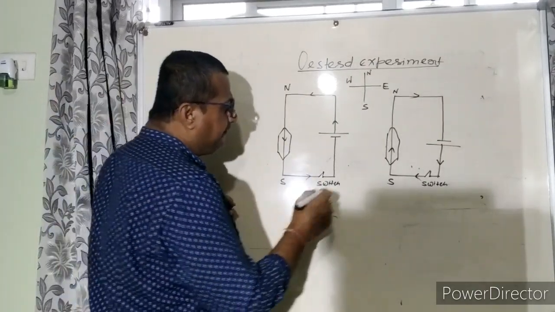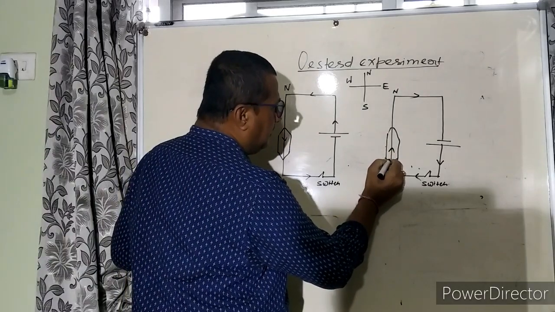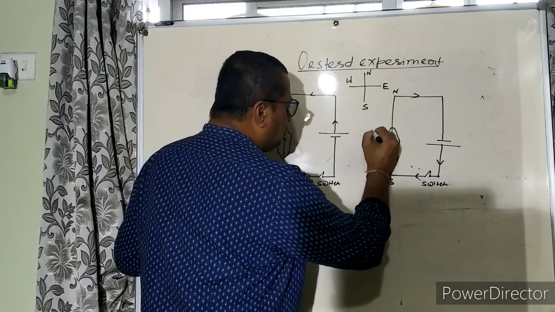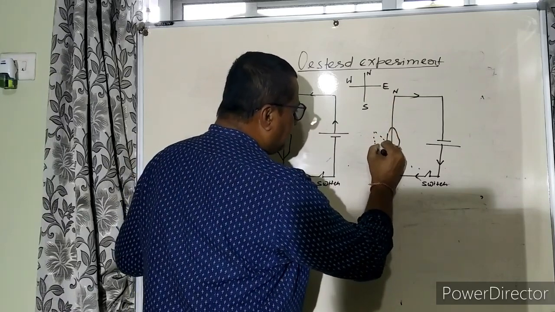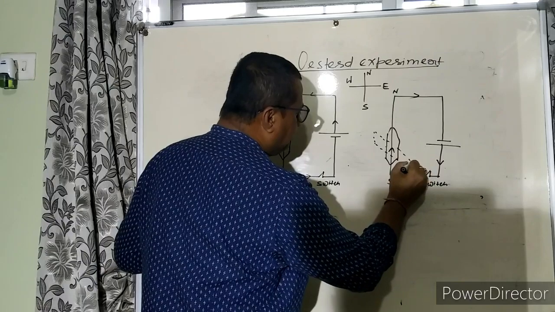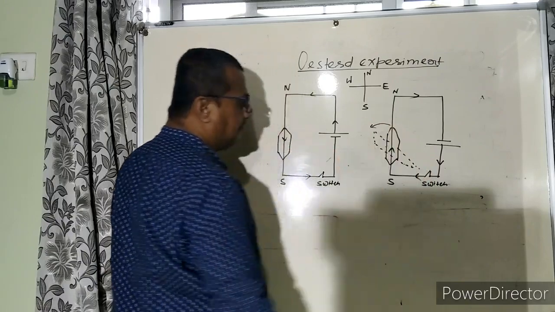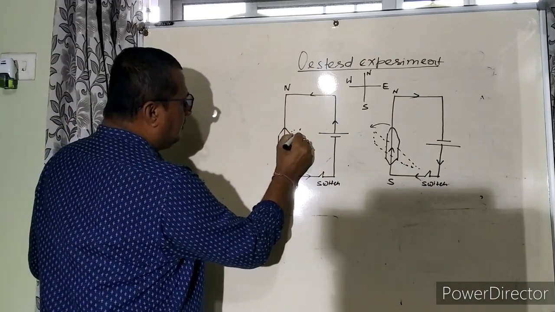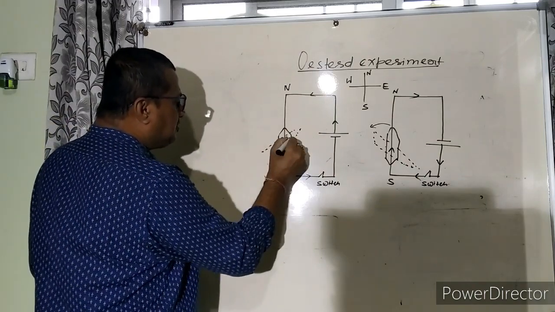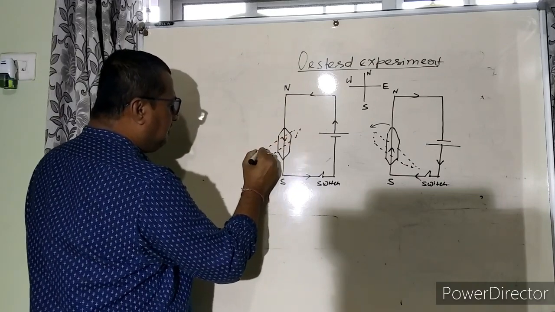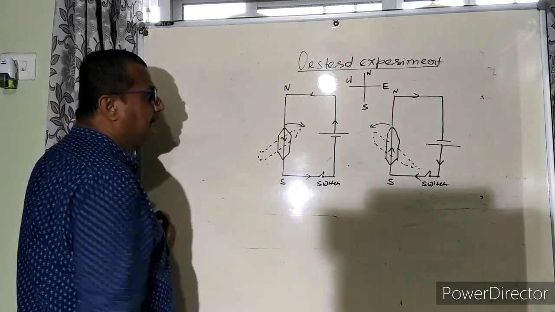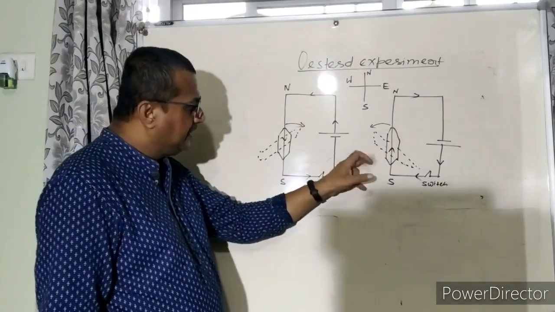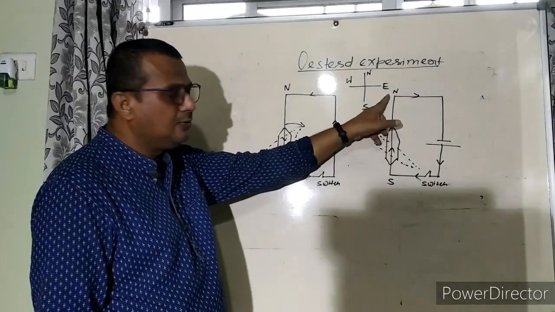This deflection: here current is flowing south to north, so deflection is west, and here when switch is on, current is flowing south to north, then needle is deflected west.